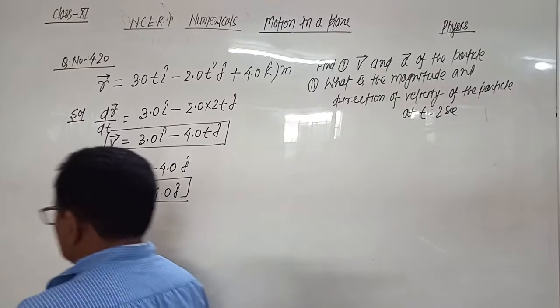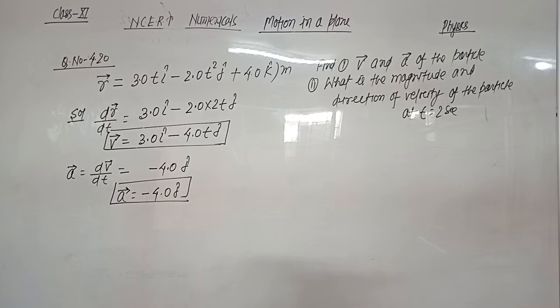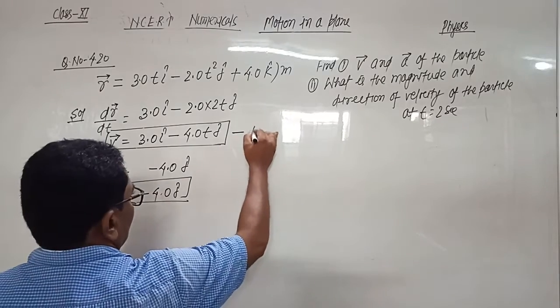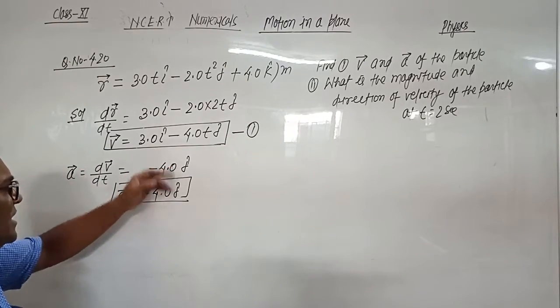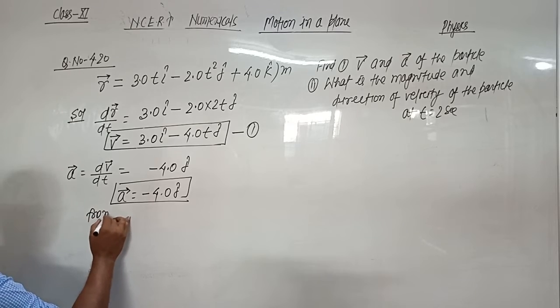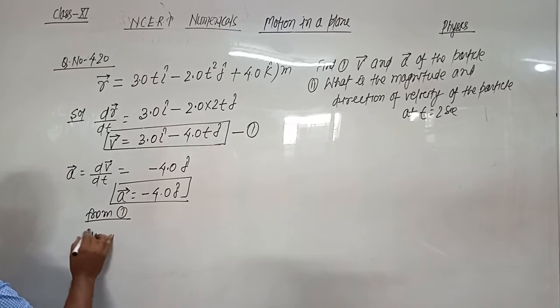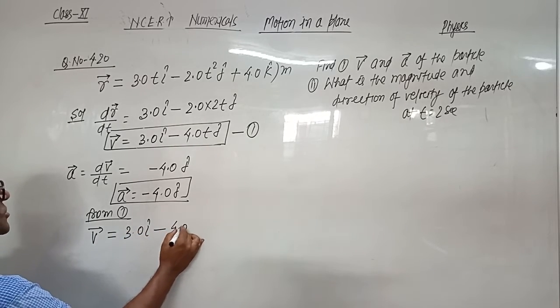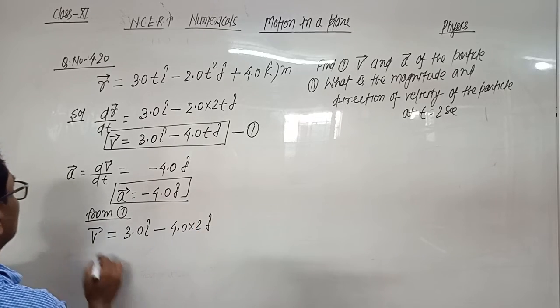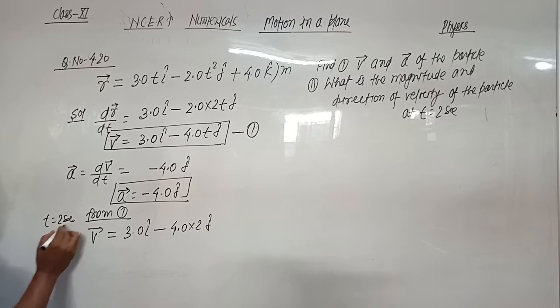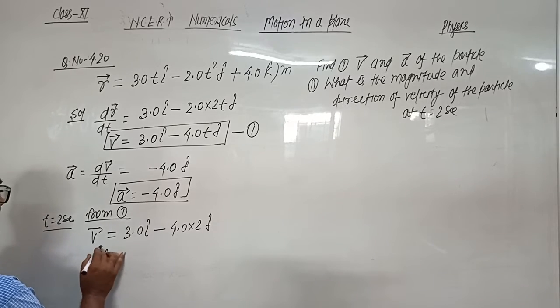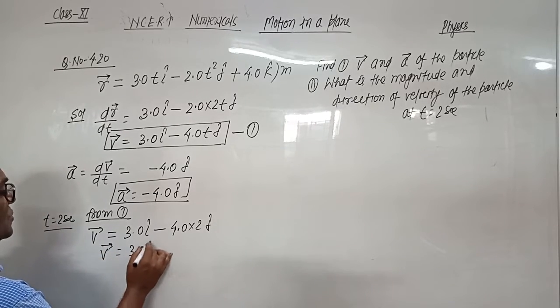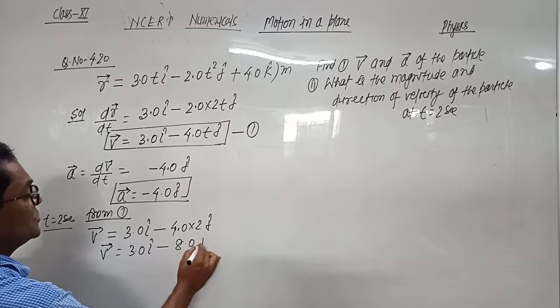Now the second part: what is the magnitude of the velocity at time t equals 2 seconds? We put t equals 2 in the velocity equation. Velocity v equals 3.0 i cap minus 4.0 into 2 j cap, so v equals 3.0 i cap minus 8.0 j cap.